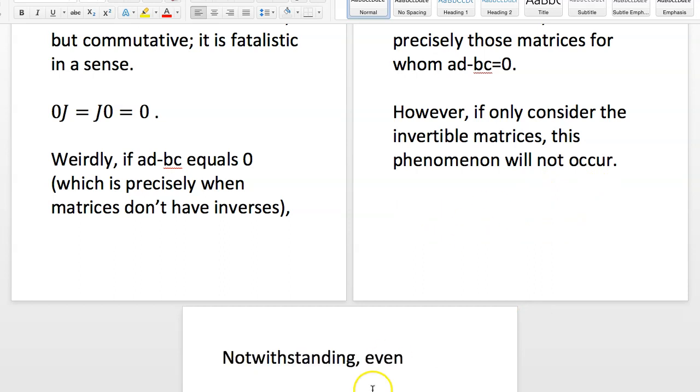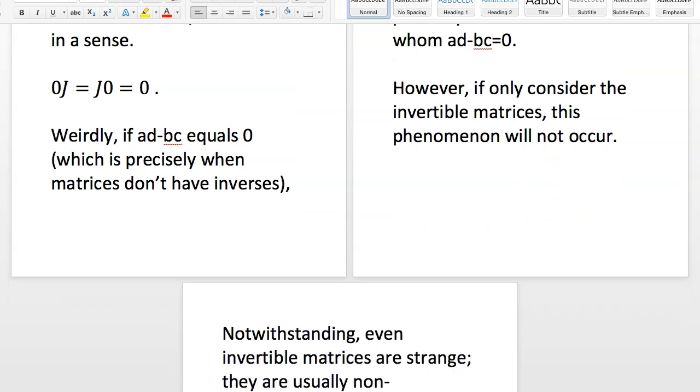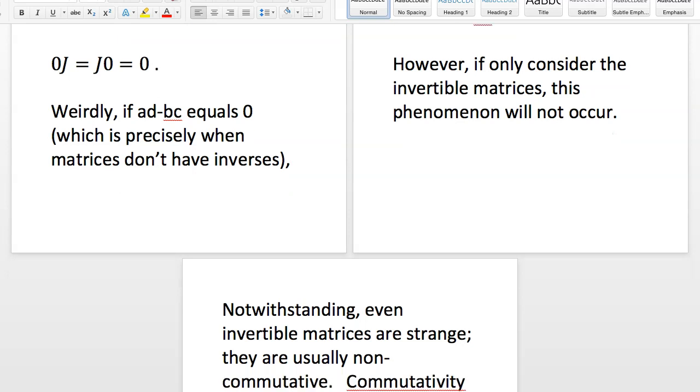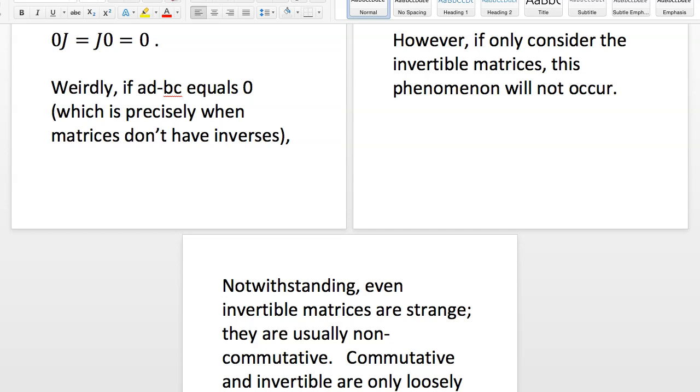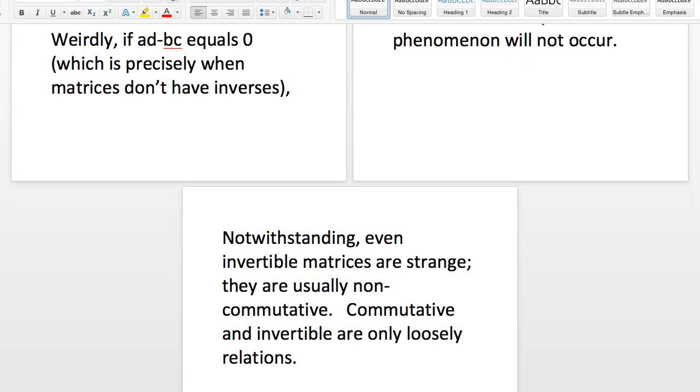Commutativity has little to do with invertibility, guys, by the way. Commutativity and invertibility are only loosely related.